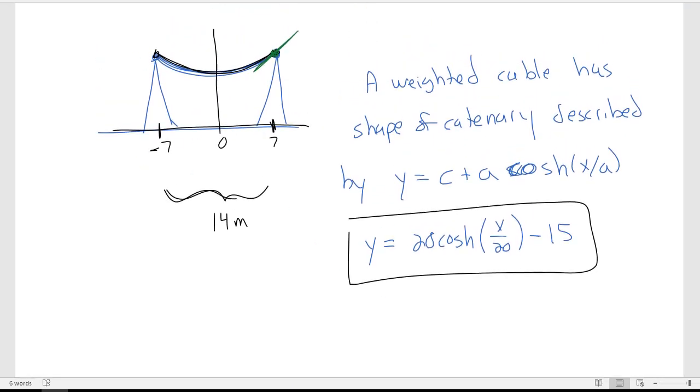Let's also add the detail that if I'm looking for the height of the pole at any particular x value, this height is measured in meters. So let's say this is the height in meters as well. So we have meters as a horizontal distance, we have meters of height.